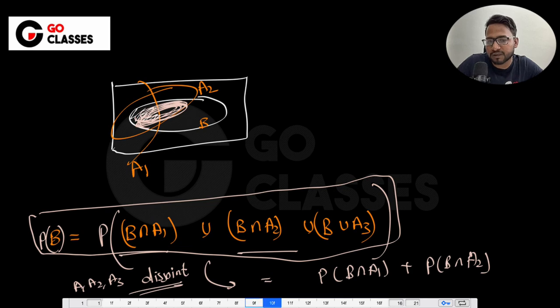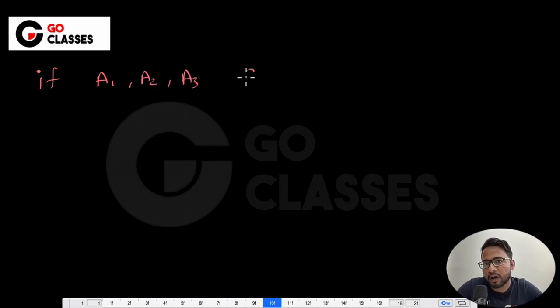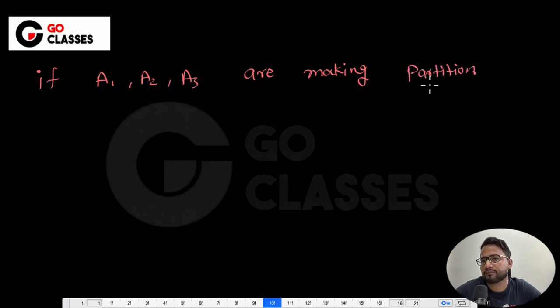Just remember one last thing. Let me write the rule. If A1, A2, A3, let me just take three events, are making what is called, in set theory you will study this, a partition. In one word, that is called making a partition.